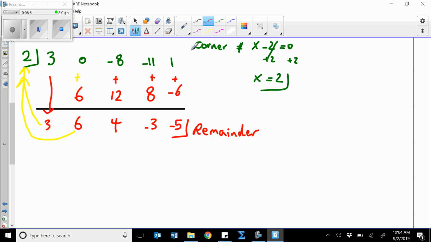And all the numbers that you see here are the coefficients of our answer. We start with x to the power of 0. We always start from the right number over here and the power of 0 on x. The next one is x to the power of 1, so we add 1 to the 0.